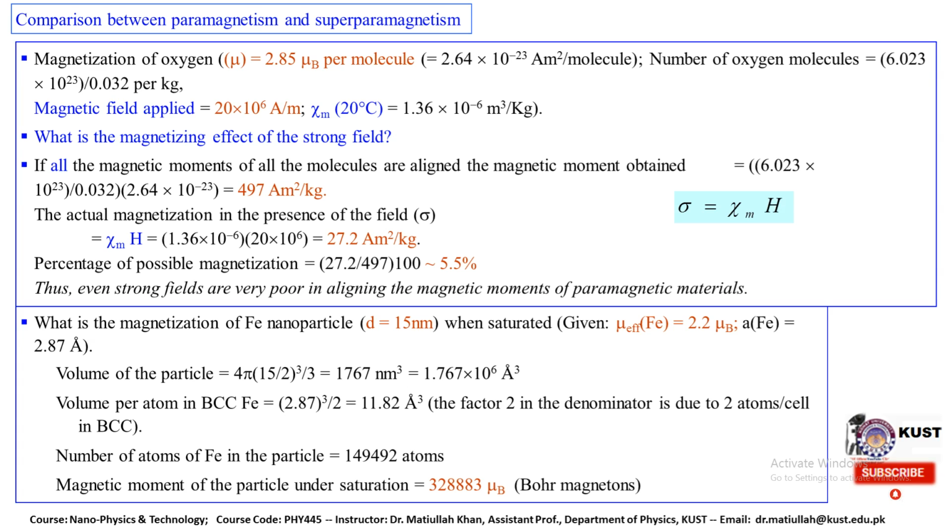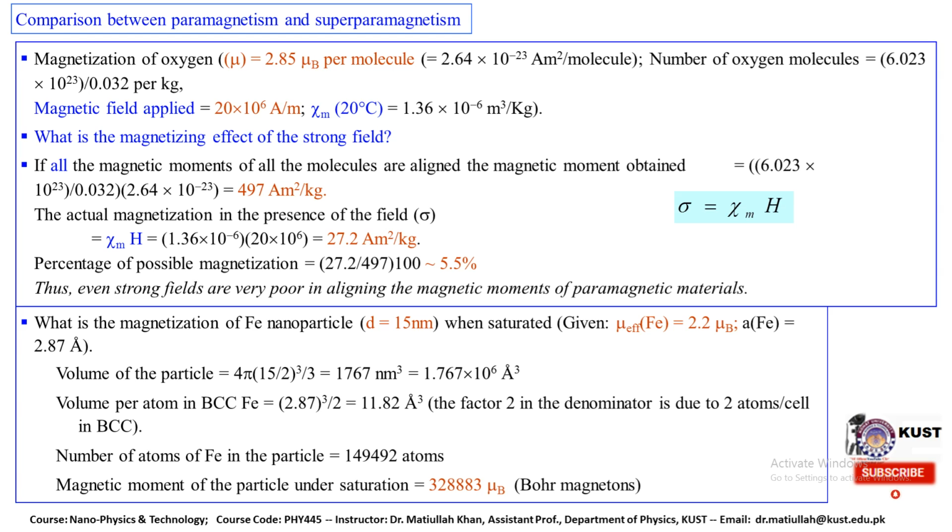Now a comparison between paramagnetism and superparamagnetism. How can we compare the two with each other? If we have the magnetization of oxygen, that is mu is 2.8 mu B per molecule, so in that case it is equal to 2.64 multiplied by 10 to the power minus 23 ampere square meter per molecule. The number of oxygen molecules is the Avogadro number, 6.023 multiplied by 10 to the power 23, per 0.032 kg.